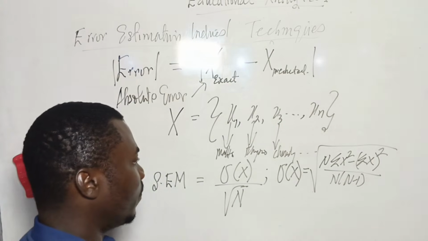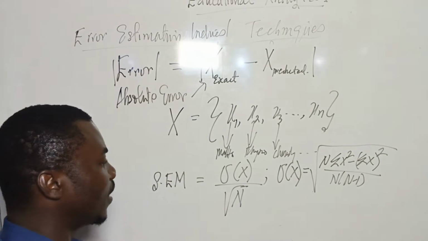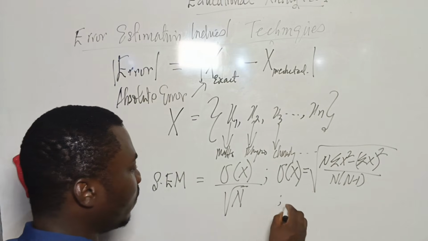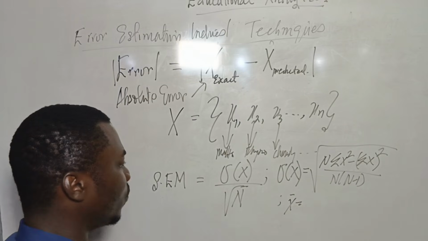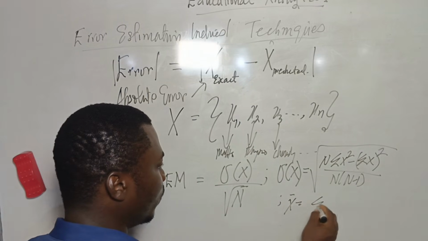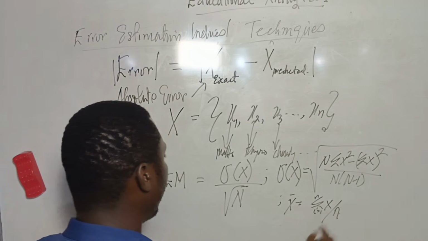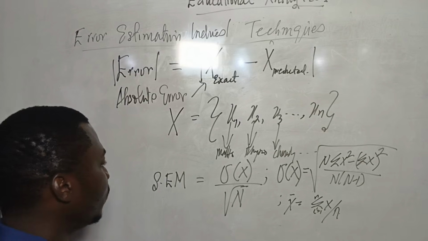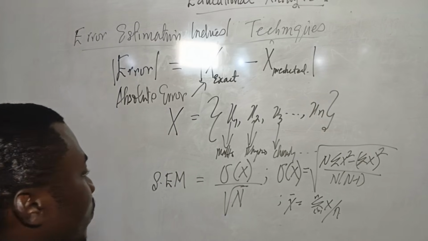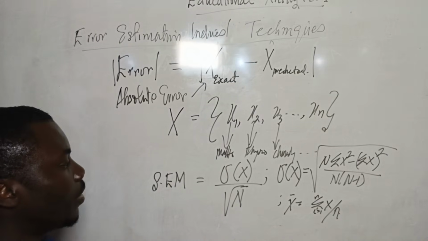This gives you a better estimation of the standard deviation of this data set. Note also the mean value is important, which is summation of xi, i equals 1 to n, divided by n. So this is the standard error that you can compute using this formula, and it gives you the error estimate or the discrepancy that you might have had in taking this measurement repeatedly.